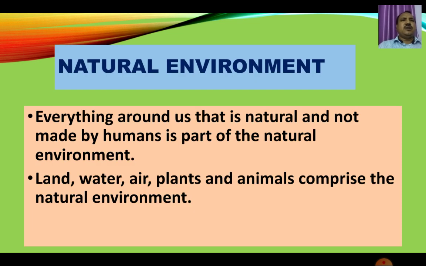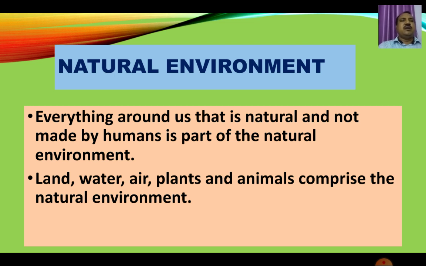Now let's take what is natural environment. Everything around us that is natural and not made by humans is part of the natural environment. They are naturally growing and are part of the natural environment.